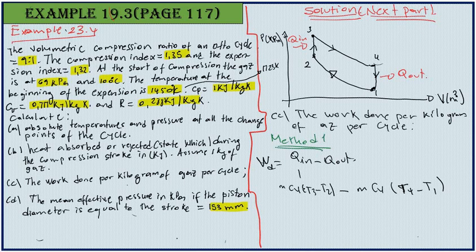So we have the temperature at all the points. We also have the value of CV. Here the mass is 1 kilogram. So you just need to replace the values and then compute.